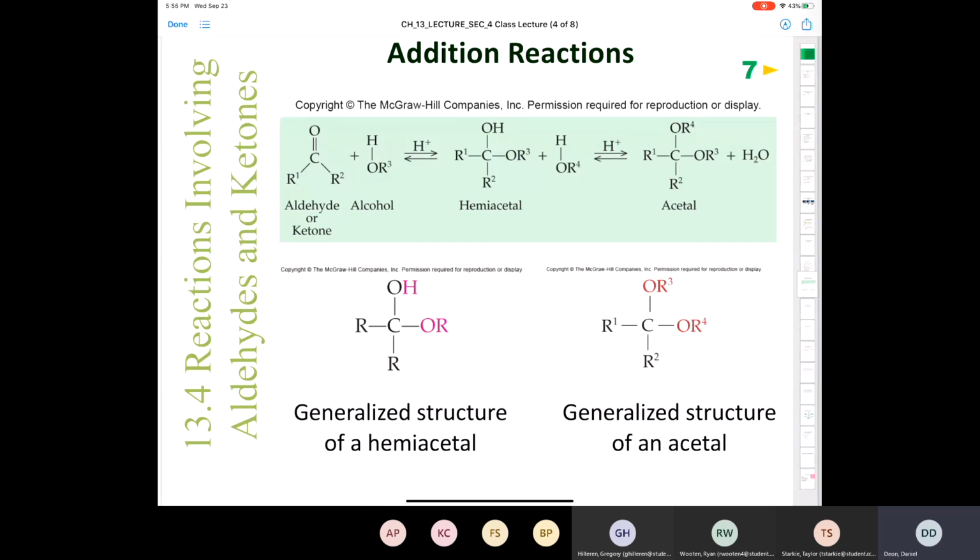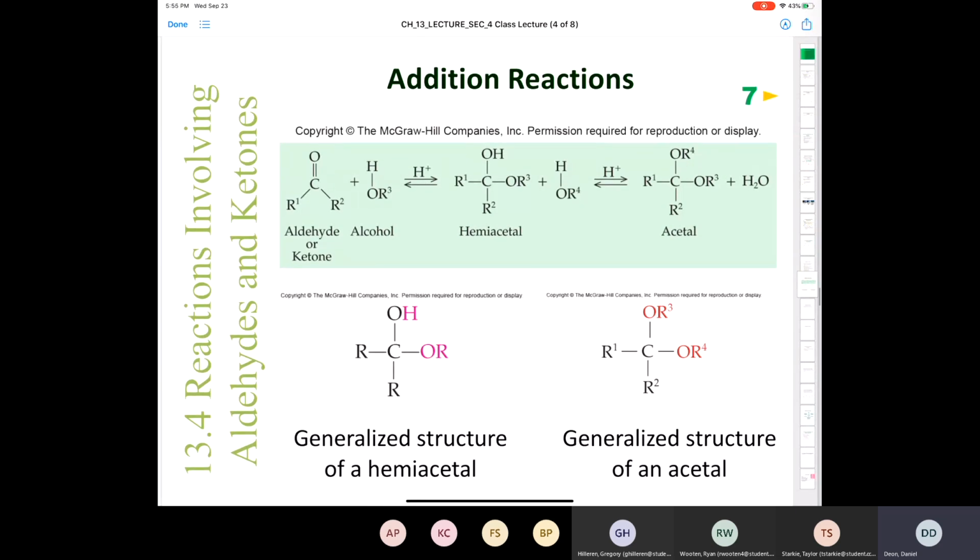Okay, so I want you to pay close attention because I've taught this class enough to know that sometimes students struggle a little bit with acetals and hemiacetals. So let me show you the easiest way to remember these. If you have a hemiacetal, you have a carbon and it looks like you have an alcohol on it and an ether on the same carbon, okay?